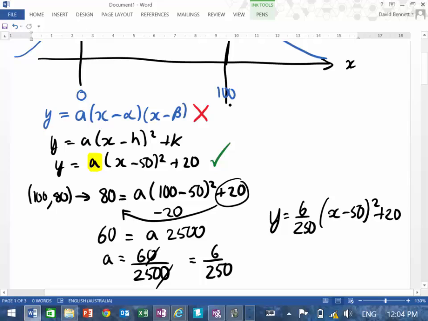Now I'm going to go get the calculators. Here's a graphics calculator. Get it out. I'd like you to have a go at graphing that.